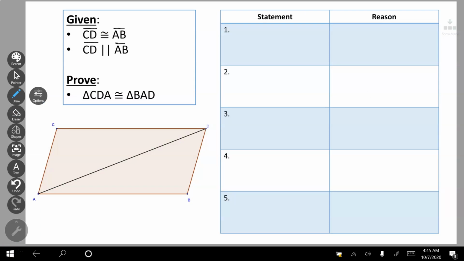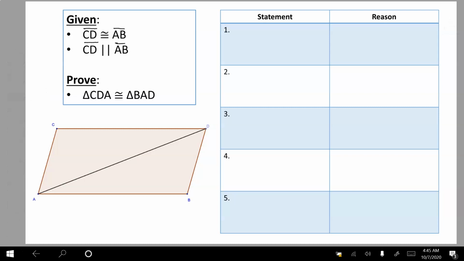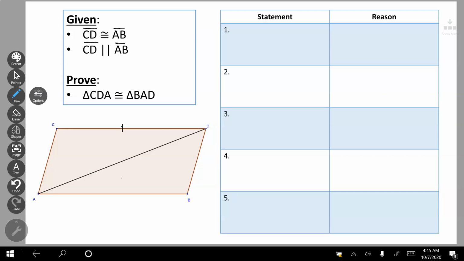So whenever I have given information, I'm going to make sure I note that on the figure. So side CD is congruent to side AB. That means this top side here is congruent to this bottom side. And CD is parallel to AB, so I'm going to draw these little arrows to indicate these sides are parallel to each other.